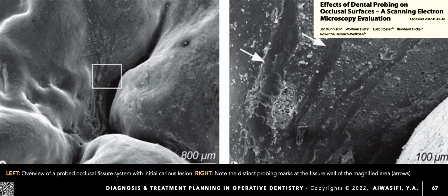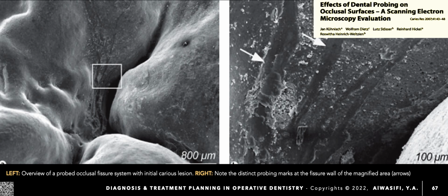In another scanning electron microscopic study with much more magnification, effects of dental probing on the occlusal surface, in a much more recent study in 2007, you could note how much trauma is caused, as the arrow points to by your sharp explorer.